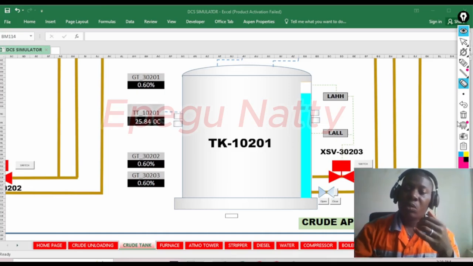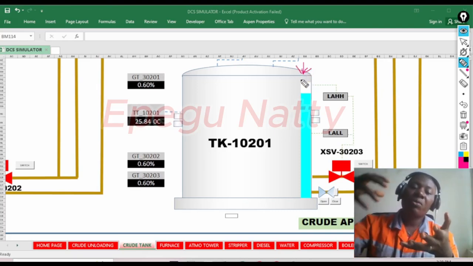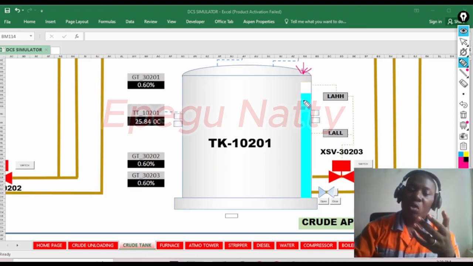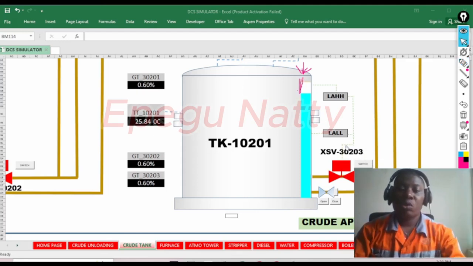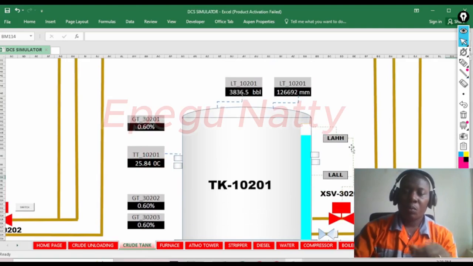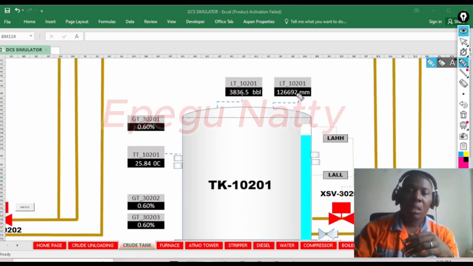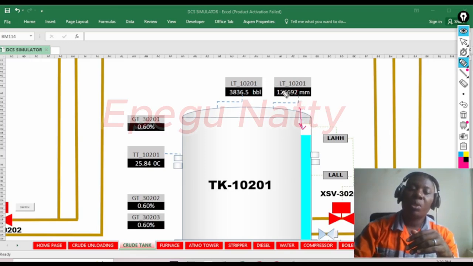In our demonstration, we have a sensor here, a transmitter. This transmitter is going to be using radio waves to detect the level. So when the level is coming up, it's going to be calculating the level, and the values will be transmitted by the transmitters there.